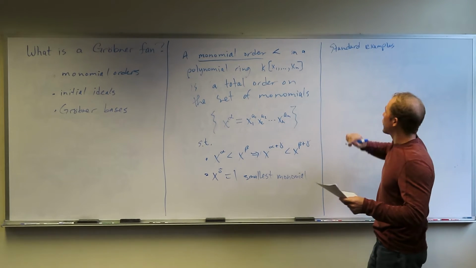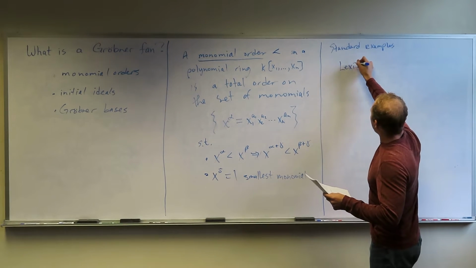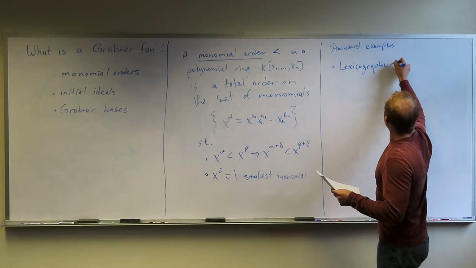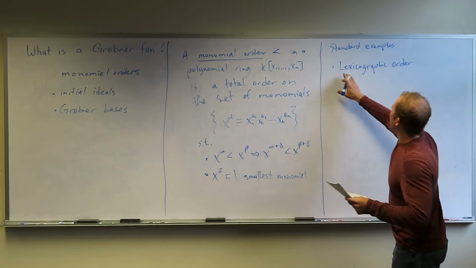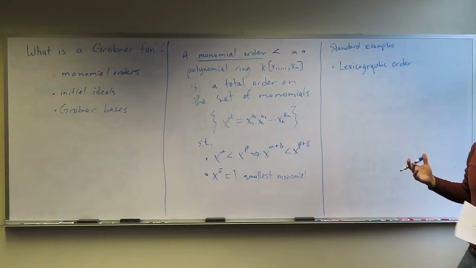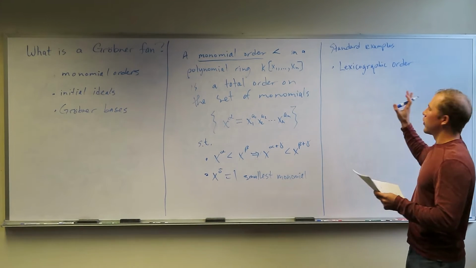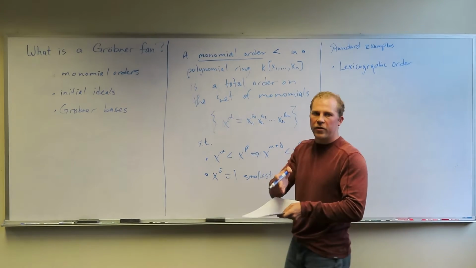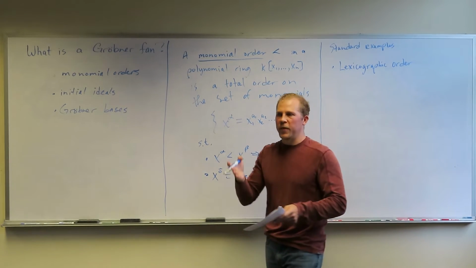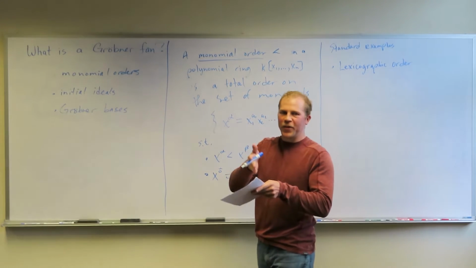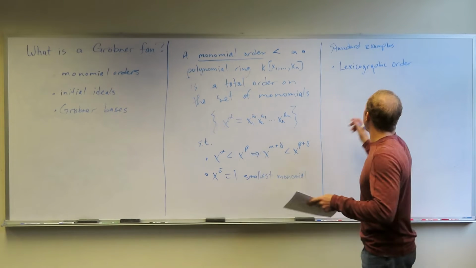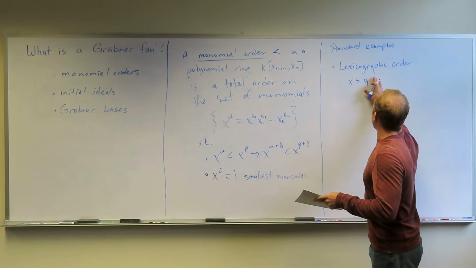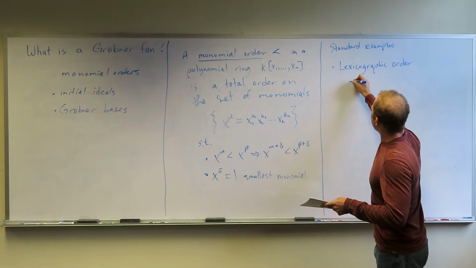And the standard examples I'll describe briefly here. So we have the lexicographic order, and the word lexicographic has something to do with dictionaries, and so this order basically behaves like a dictionary in the sense that it sorts the monomials like a dictionary sorts words, which means it looks at the first letter, and then if there's a tie, it looks at the second letter, and so on. So let's list this in steps.